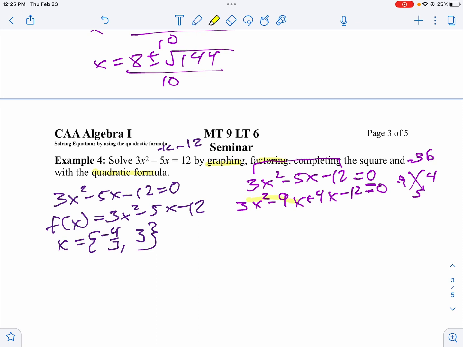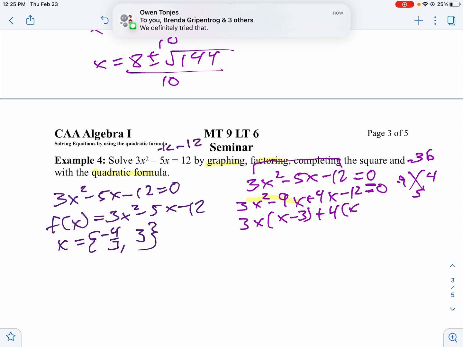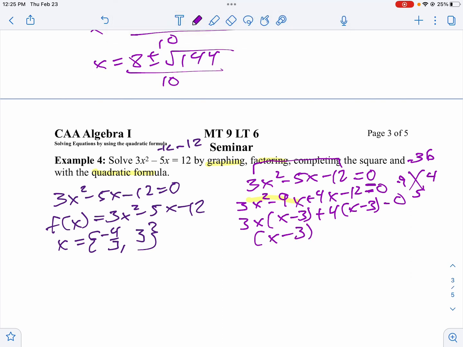So I'll factor 3x squared minus 9x. Well, 3x goes into both of those, so I get 3x times x minus 3. And then 4 goes into both of my terms, and I get 4 times x minus 3. So I'll factor out the x minus 3. So x minus 3 times 3x plus 4 equals 0.